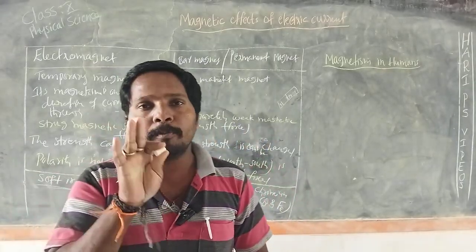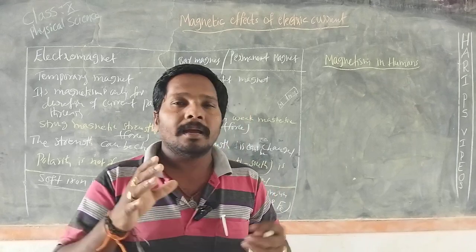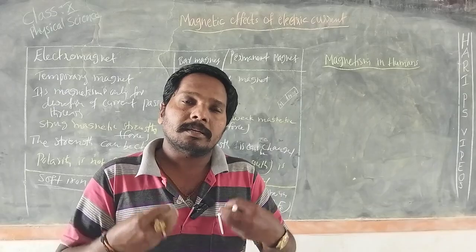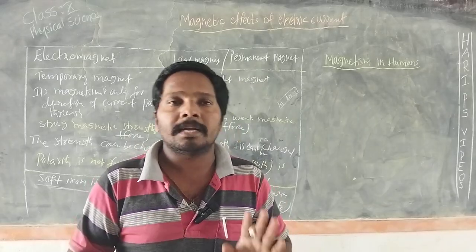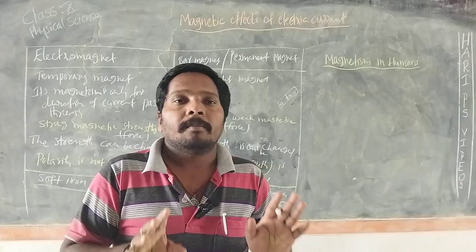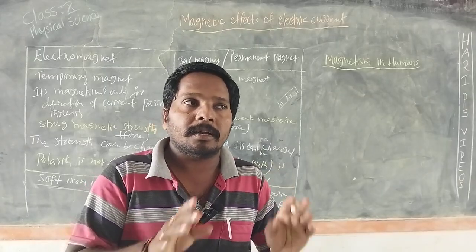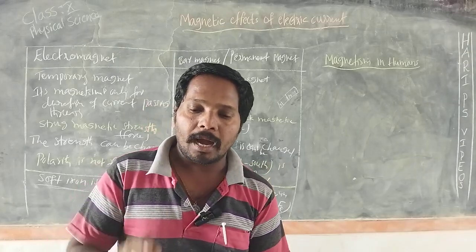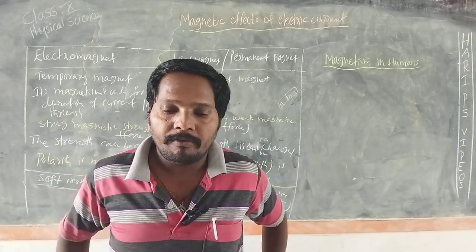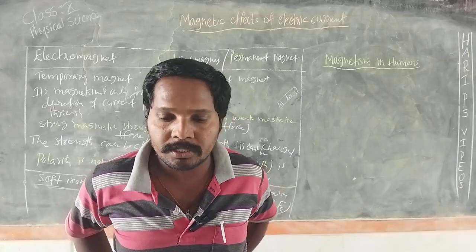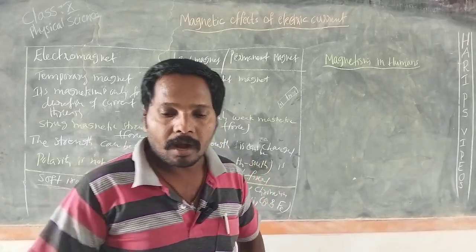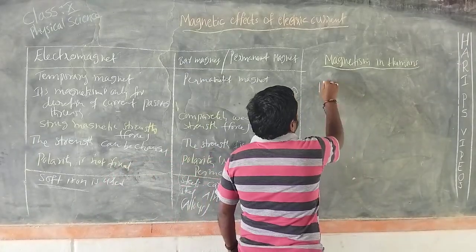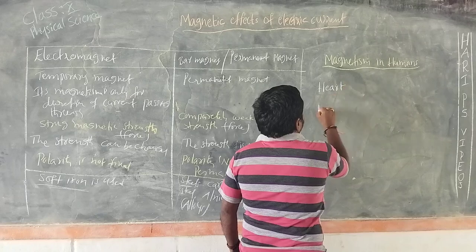So the ionic currents create a little magnetism inside our body. This magnetic field is very small when compared to Earth's magnetism.